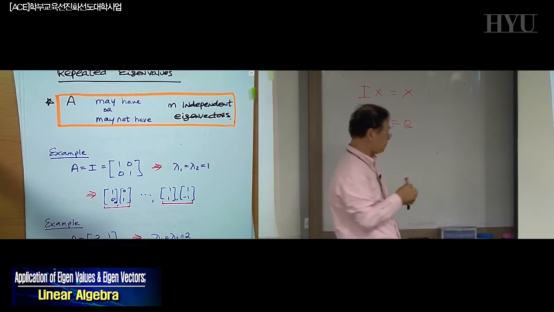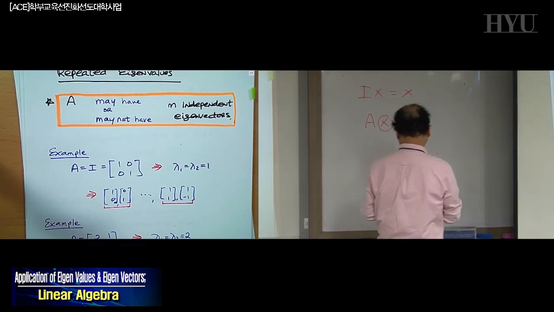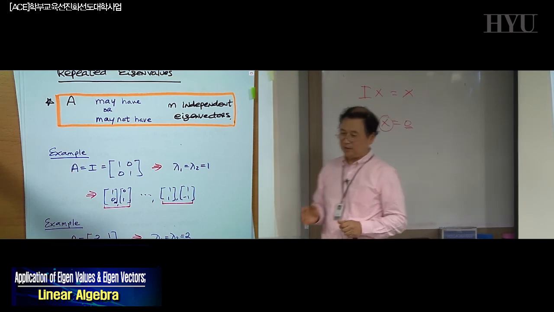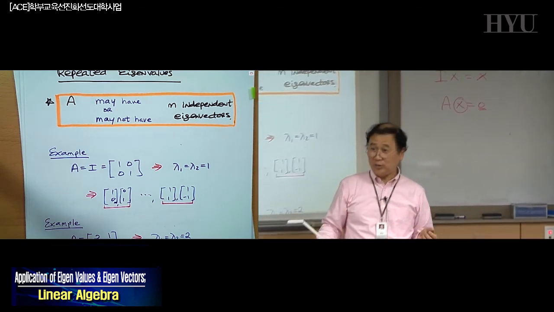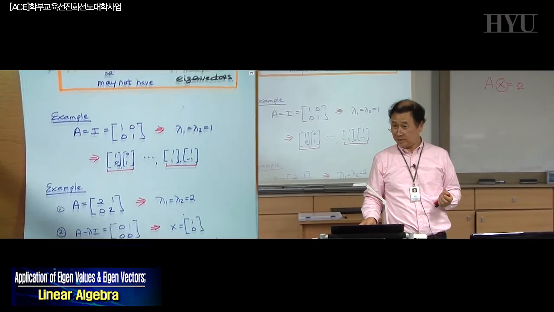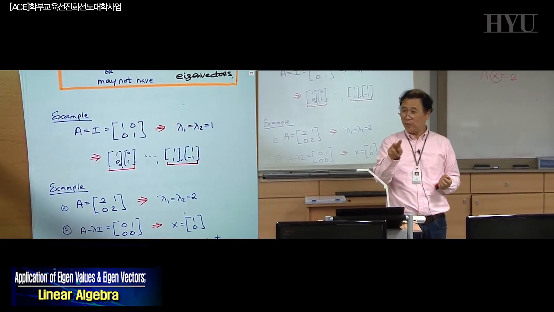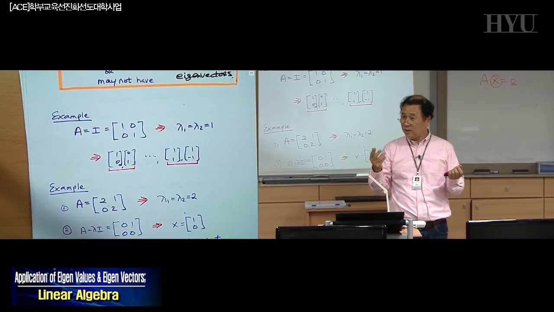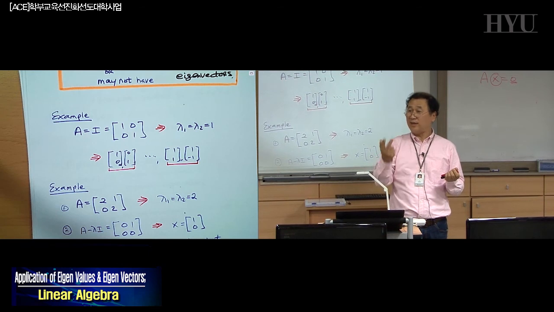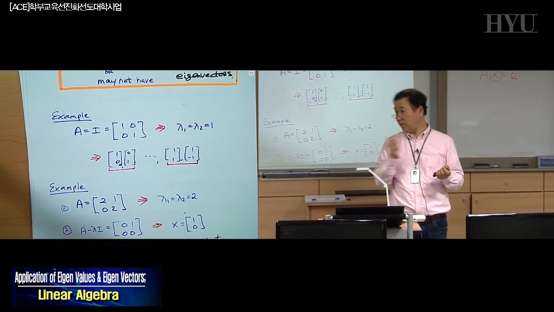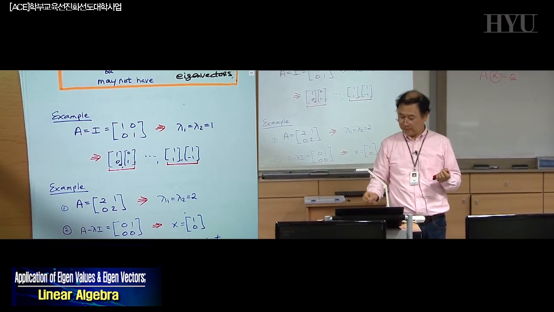So in the case of the identity matrix, we can easily choose eigenvectors. You can choose any vector, but we like to choose n independent vectors. That's not difficult, right? You can just choose bases, right?